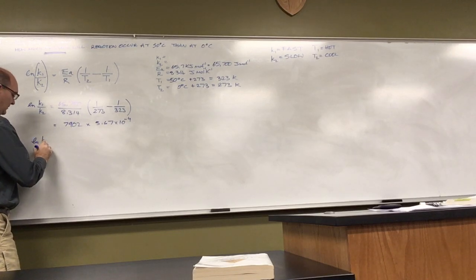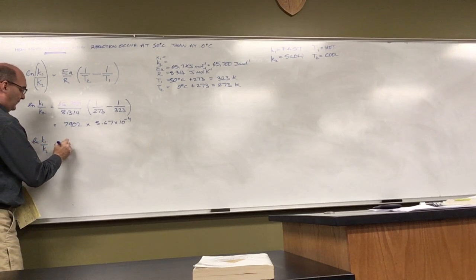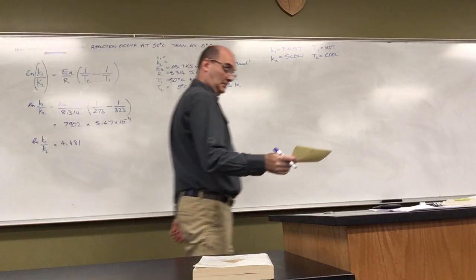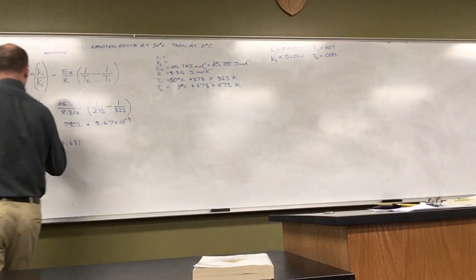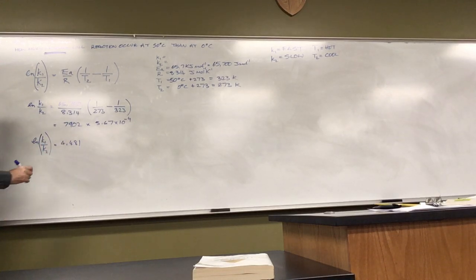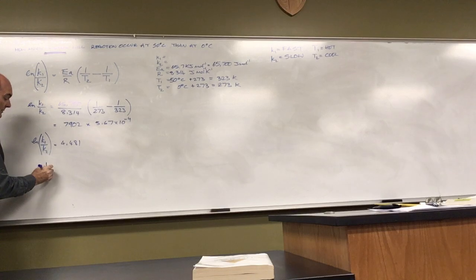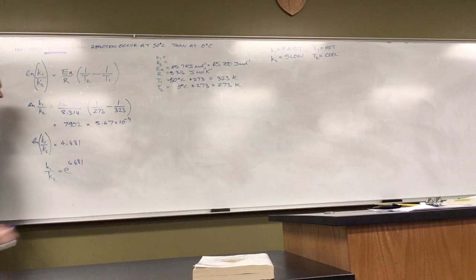So the natural log of the ratio that I'm looking for is 4.481. Okay. Natural log of the ratio that I'm looking for is 4.481. That means I take the antilog, the exponent, that my ratio that I'm looking for is this term.